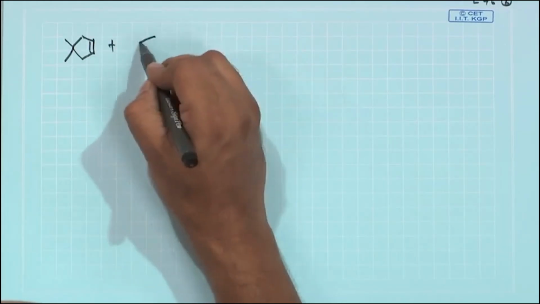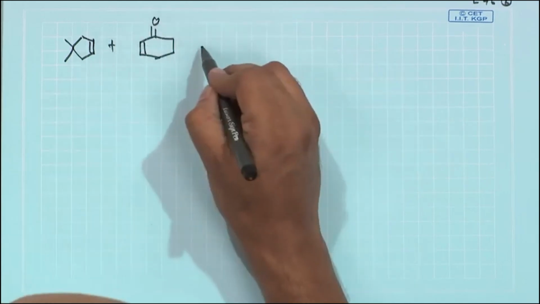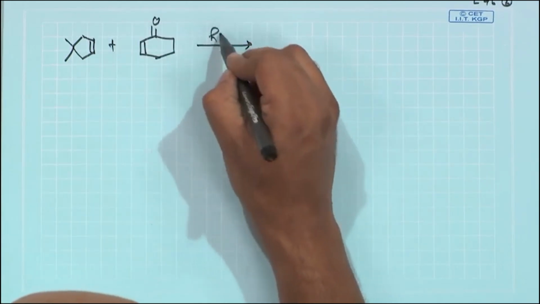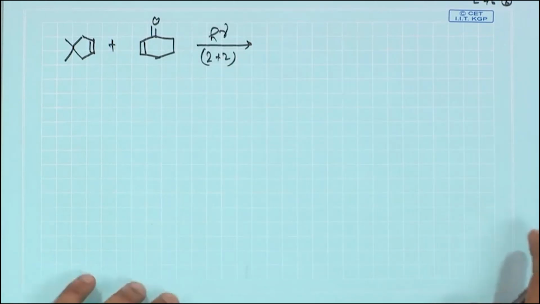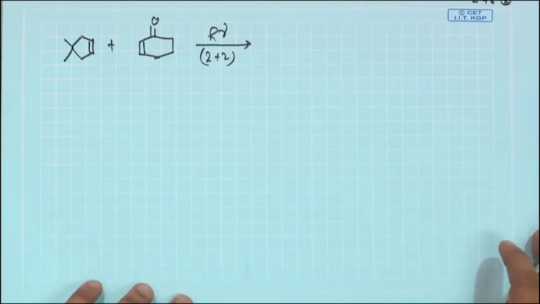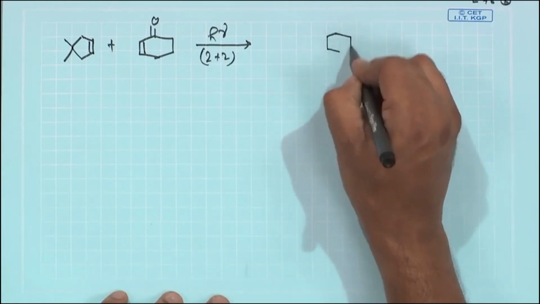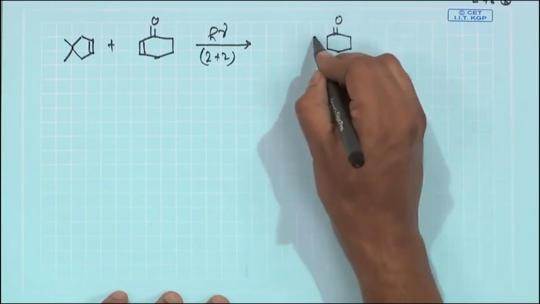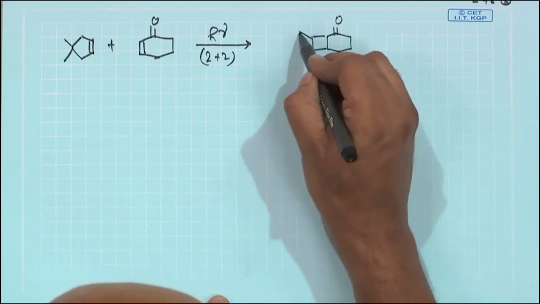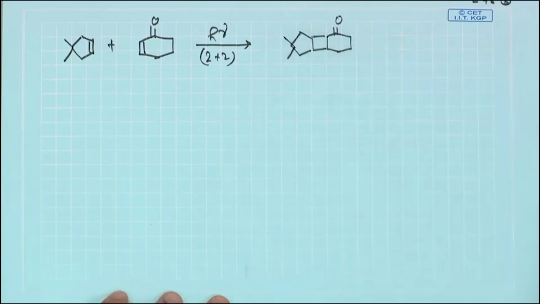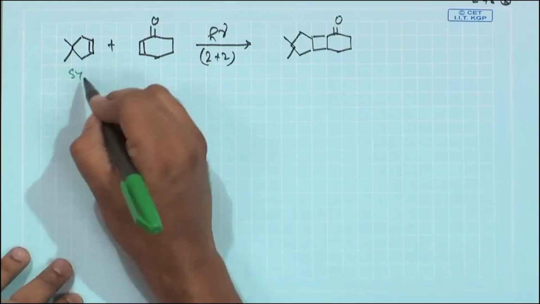Okay. You react with these things in a photochemical fashion, say 2+2. Okay. Now, after this 2+2, you basically get this cyclobutane, which is your photo adduct, and here the ring is strained. Now, this starting material is symmetrical.